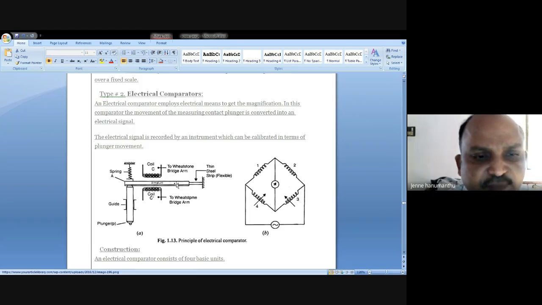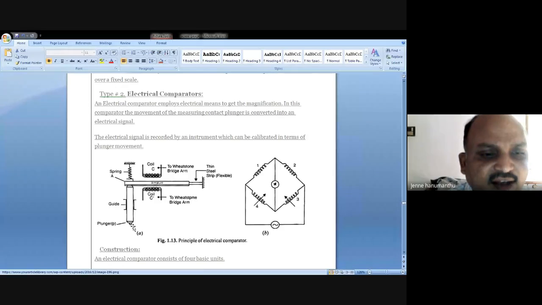This armature is placed between two coils, fixed at one point, and may be moved between the two coils with the help of a spring connected to a plunger.